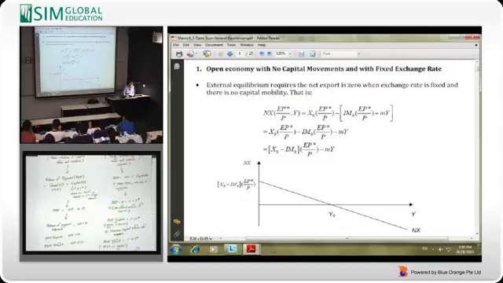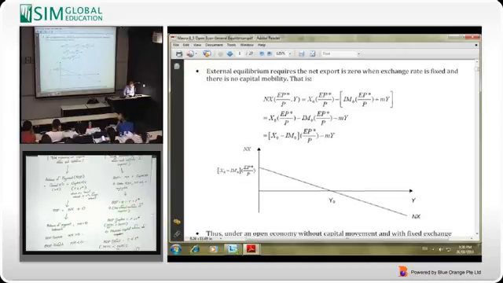And this is actually the gradient of this line here. Given that the gradient is minus m, we will expect the NX graph to be downward sloping. So this is how my NX graph will look like. Does it make sense? Because this is your income, this is NX, they are negatively related as shown by the gradient minus m here. So this line will be downward sloping.